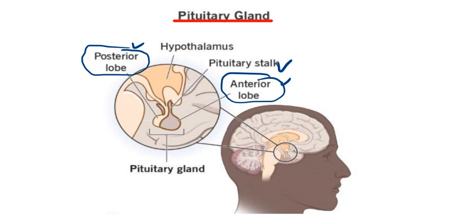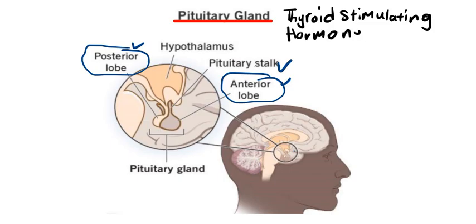Now, some of these hormones that stimulate other endocrine glands to function, we have what we call the thyroid stimulating hormone. And we also have what we call the adrenocorticotropic hormone. And then we have what we call the follicle stimulating hormone.